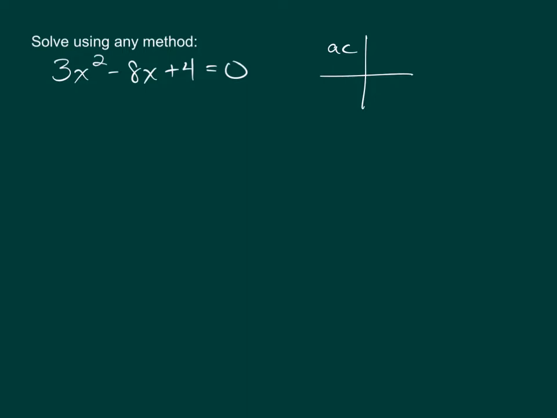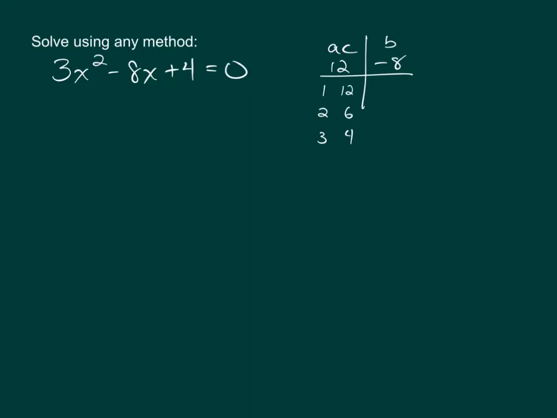And a times c, so we can figure out what numbers we need. A times c, 3 times 4 is 12, and b is negative 8. So I know two numbers that multiply to give me 12 will be 1 and 12, 2 and 6, 3 and 4. I think those are the only pairs.